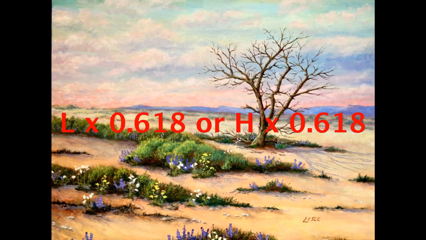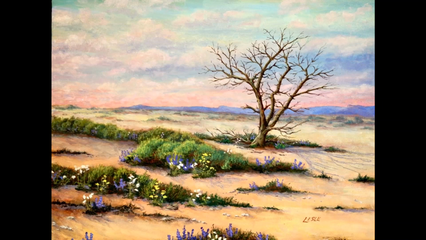1.618. So, if you take your canvas size and multiply it by 0.618, you will find the first primary Golden Rule point.